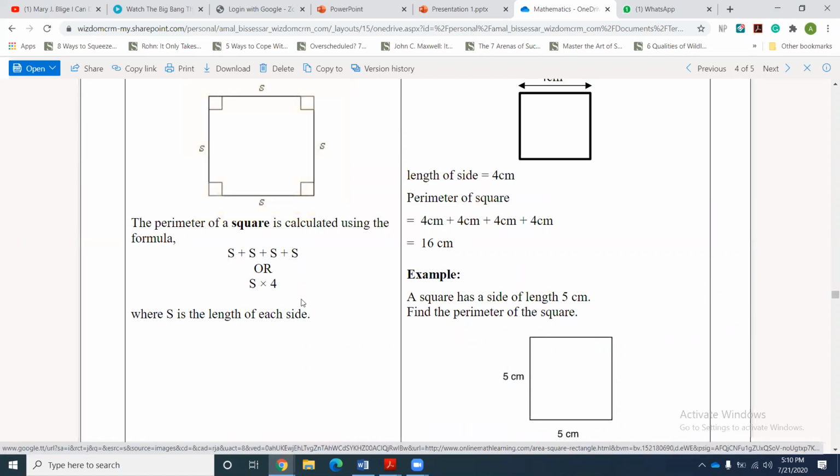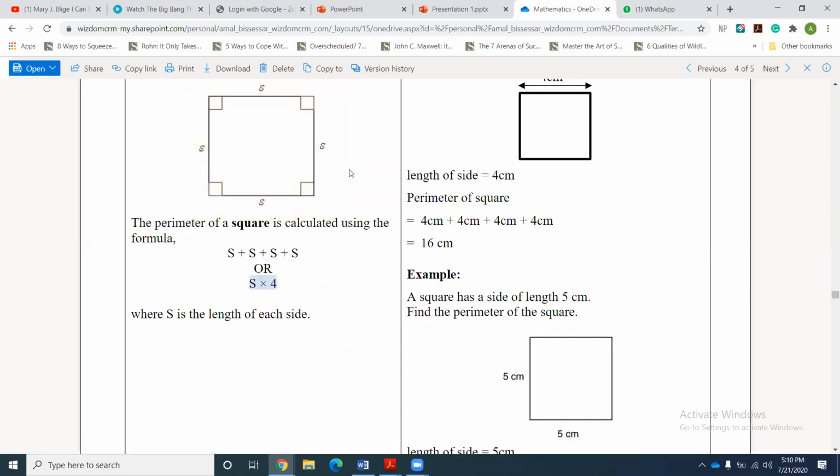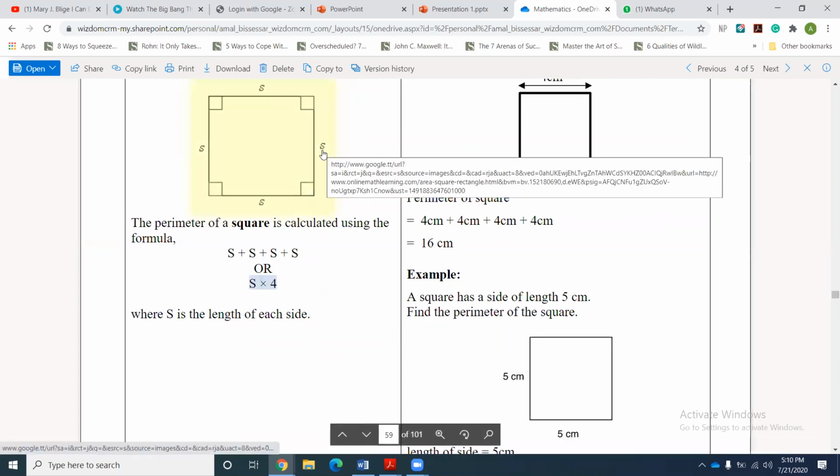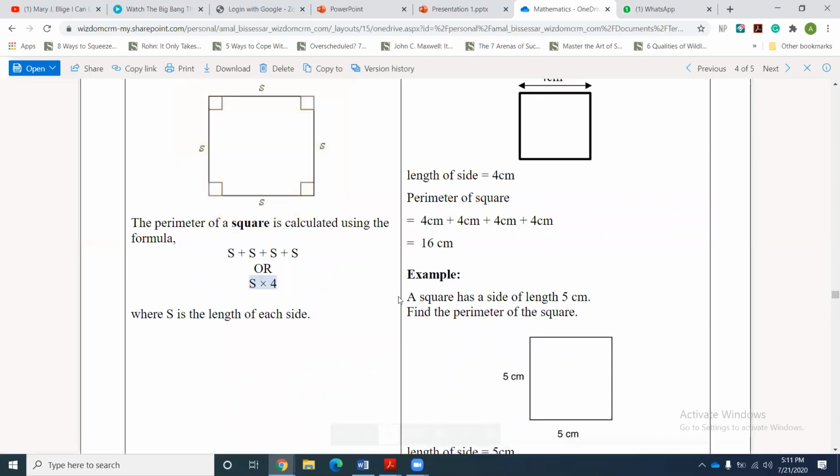So if I'm looking at finding perimeter, why should I say this is 10, here will be 10, here will be 10, and here will be 10? Why say 10 plus 10 plus 10 plus 10 when I know they are equal? So just 10 by 1, 2, 3, 4. That's why it is side by 4.